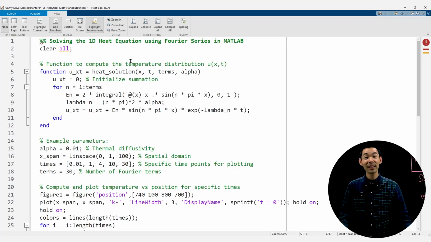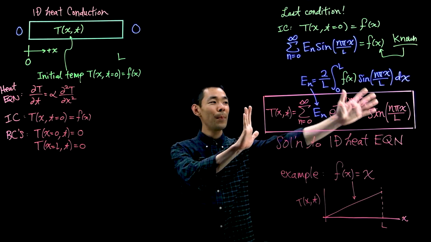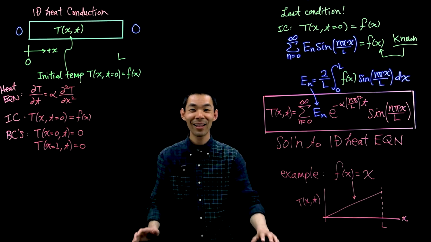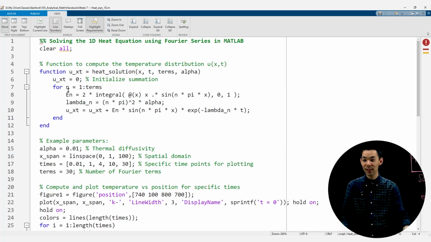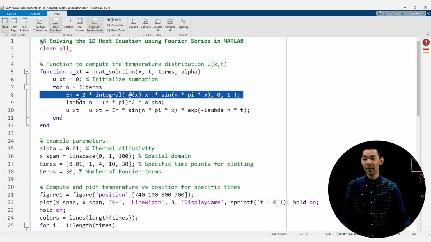So what we have here is a 1D heat equation solution of our pen and paper calculation translated in code. What we have first is this term right here, which is the coefficient that we just calculated. We have E sub n is equal to 2 times the integral of the function f of x, which in this case is just equal to linear x, times sine of n pi x integrated between 0 and L, which in this case I've set to 1.